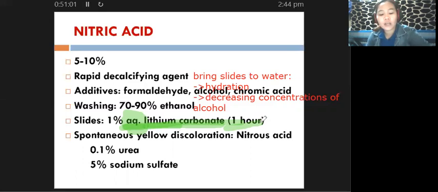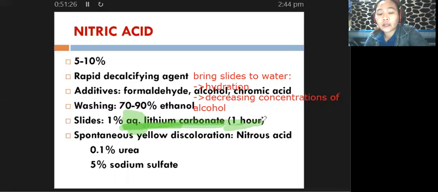One disadvantage of using your nitric acid formulations or solutions is that it will lead to the formation of a spontaneous yellow discoloration.